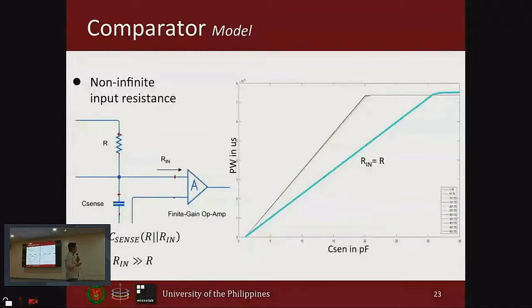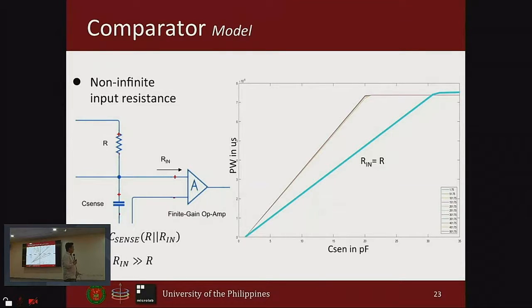And to be able to measure the non-ideal behavior of the amplifier, what was considered was to put an input resistance at the input of your amplifier. So in this sense, because of the input resistance, we see a difference in the pulse width that is generated. So the target is basically Rin should be much greater than the resistance of your RC circuit.